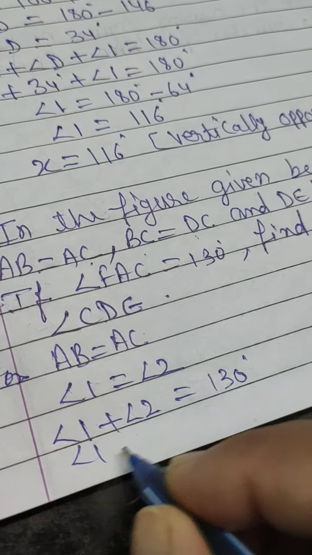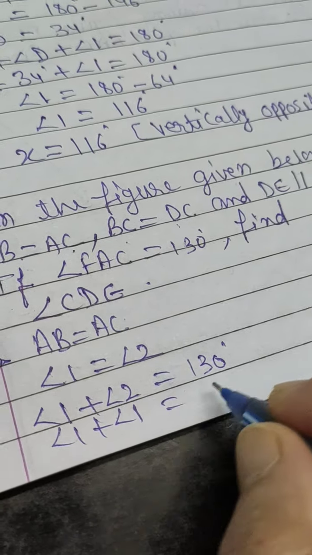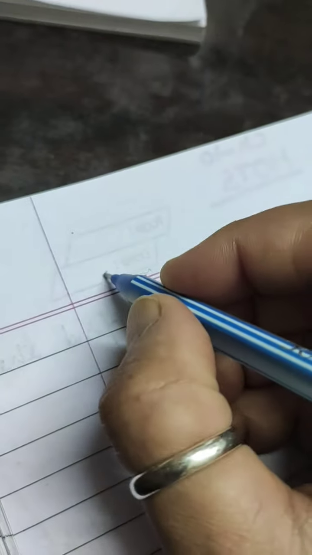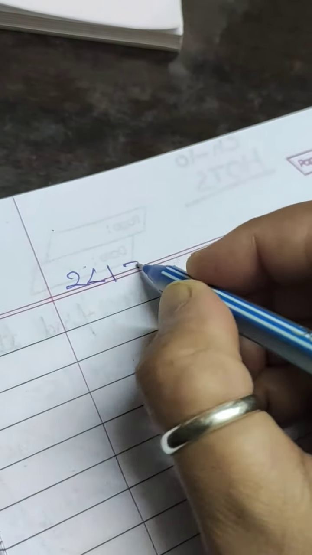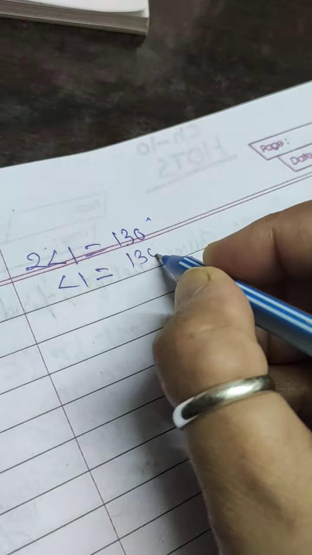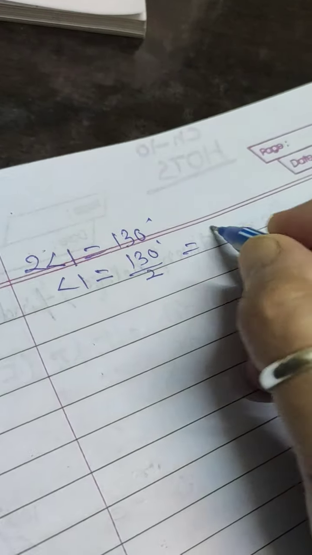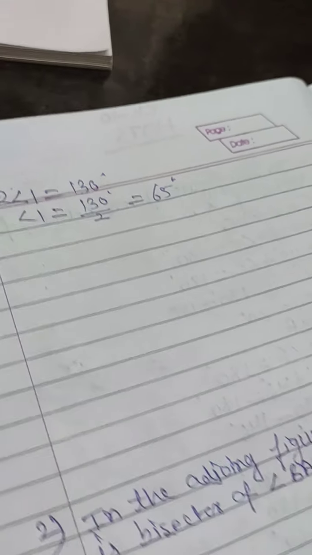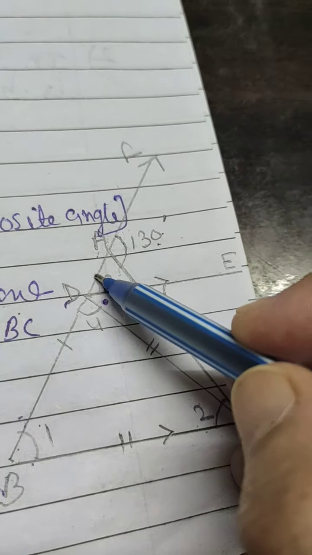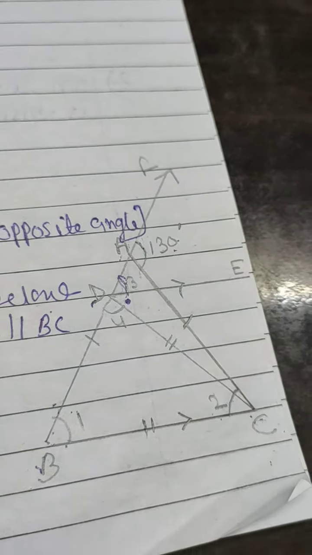Since angle 1 is equal to angle 2, angle 1 plus angle 1 is equal to 130 degrees. So 2 times angle 1 is equal to 130 degrees, or angle 1 is equal to 130 divided by 2, which is 65 degrees. If angle 1 is 65 degrees, then angle 3 is also 65 degrees.